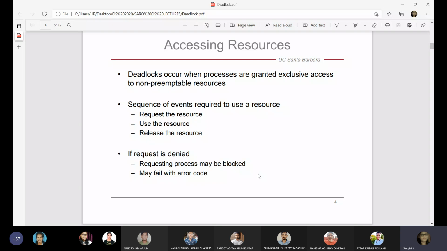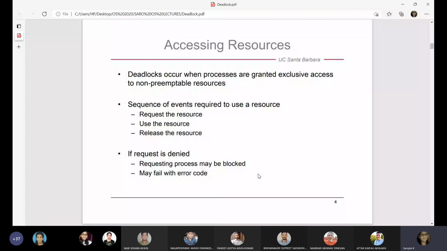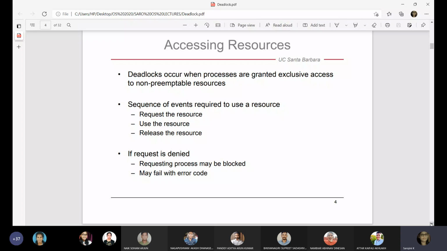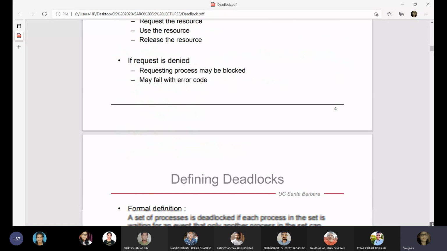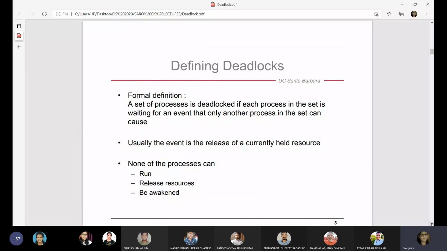Rarely, some systems implement a maximum waiting time to speed up process speed. In that case, it will exit with an error, and the process has to place the request again.